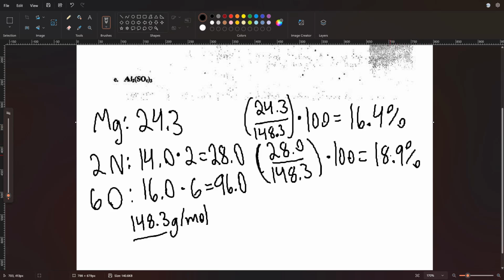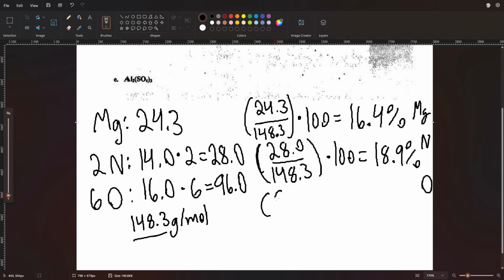So it's good to specify to make sure that we have it all lined up. So on this line, it's magnesium. On this line, it's nitrogen. And then on the next line, it's going to be oxygen. That way we don't mix ourselves up and make a little placeholder. Say this is nitrogen, this is magnesium, and then the next one's going to be oxygen.